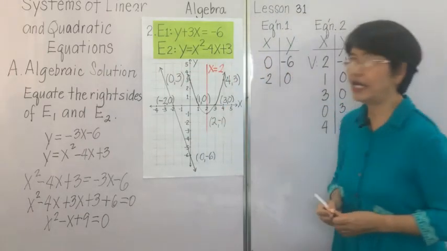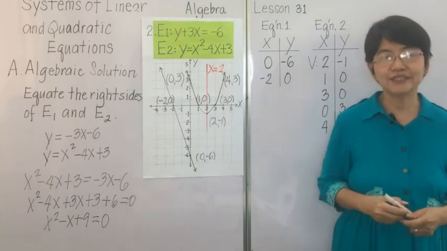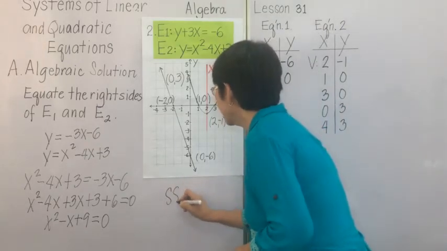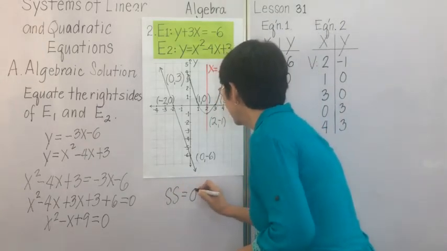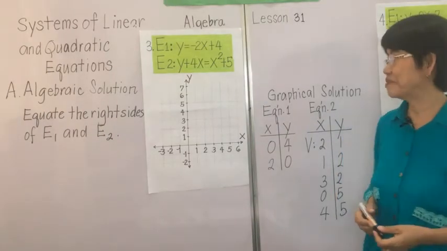Okay, and we clearly see that the two graphs do not intersect each other, and therefore the solution set is empty.